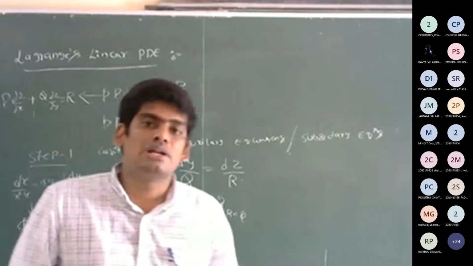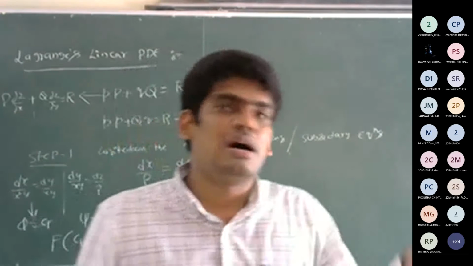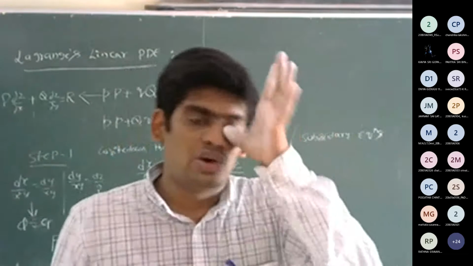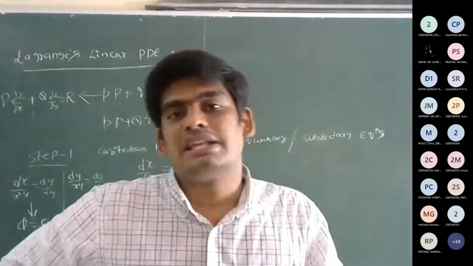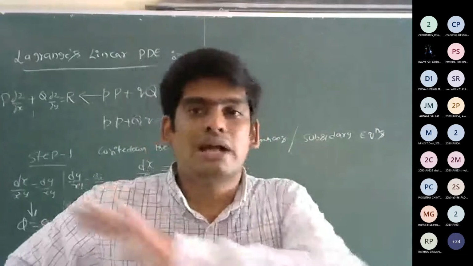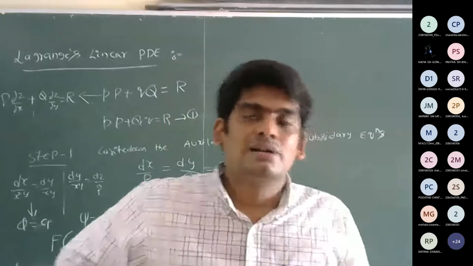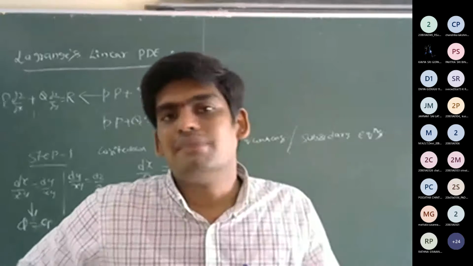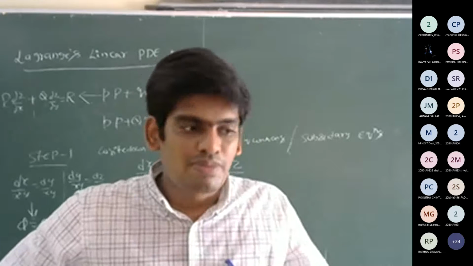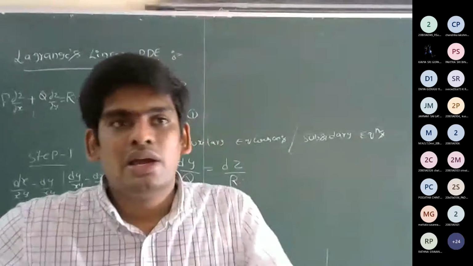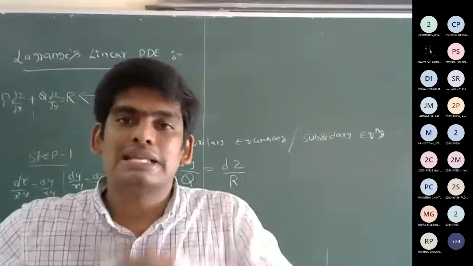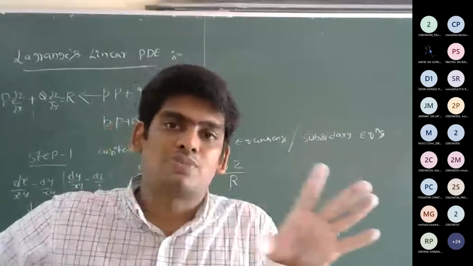In that way you will get another answer, right? But for a partial differential equation there exist many solutions, so it is not wrong. Not only partial differential equations, in differential equations also we get many solutions, right? So any two persons may not get the same answer, and that is not a problem.